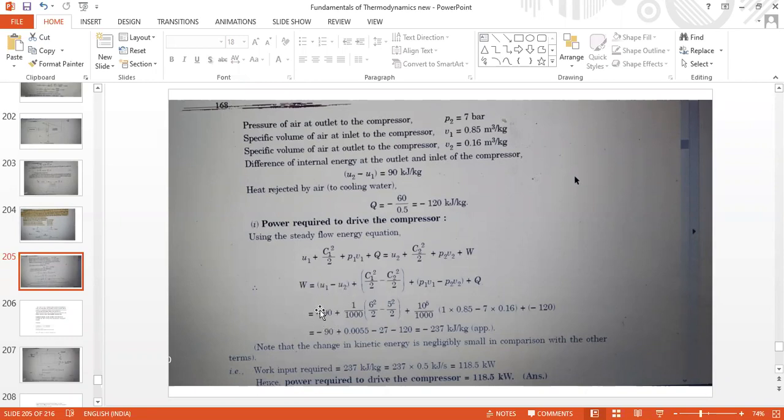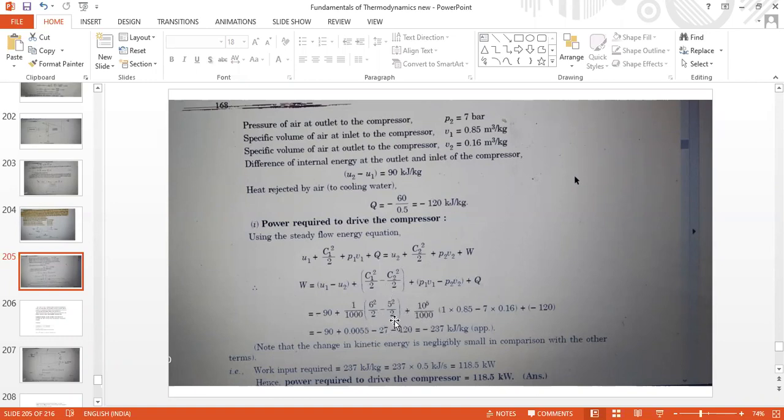It is kilojoule per kg given, and C1 square minus C2 square, 6 square minus 5 square by 2, is divided by 1000, because all these terms U1, U2 and Q are in kilojoule per kg. Therefore, the kinetic energy change is divided by 1000.